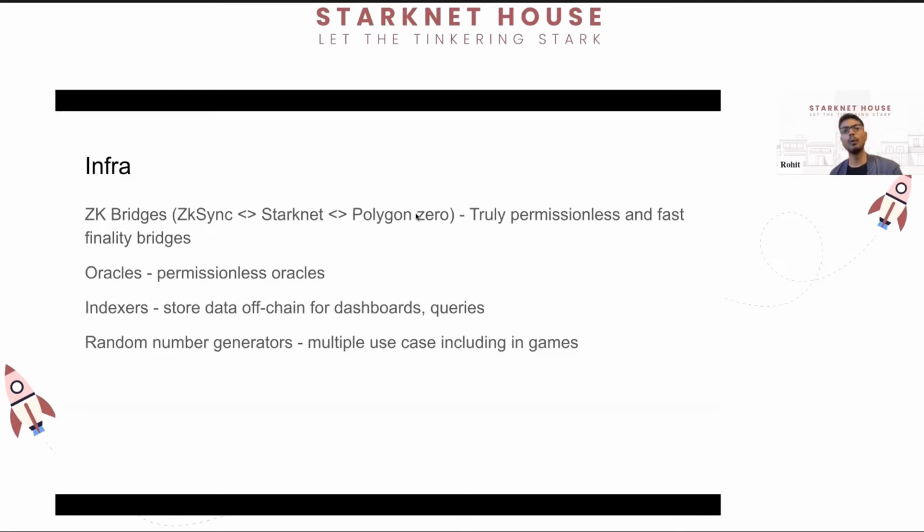As a result, most of the bridges on the optimistic side rely on liquidity providers. They create instant withdrawal where some other party or an institution takes that one week of risk and gives you the asset on the other chain. And that person will claim the assets once the assets are released on the native bridges.